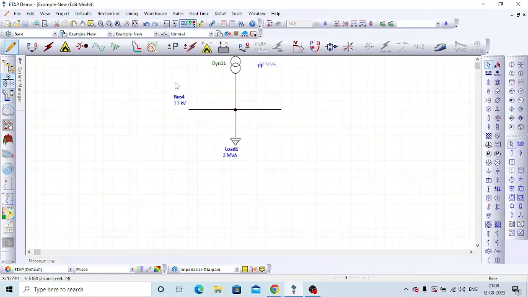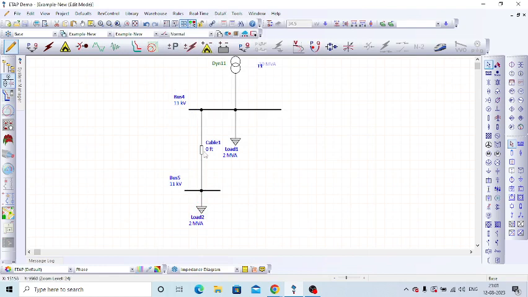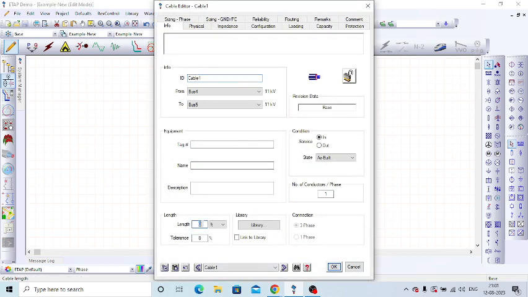Now again, I will introduce a few other buses. Here I will introduce one cable. I'm again connecting the same static type of load. I'm taking the cable length as 1 kilometer.